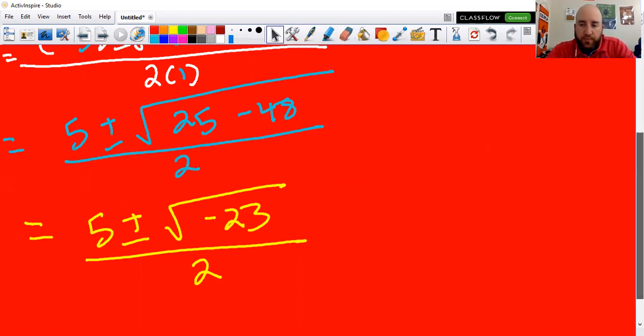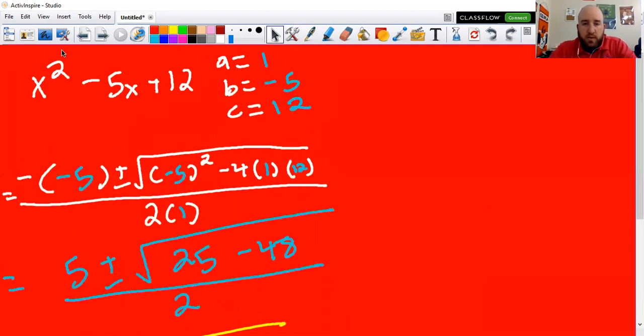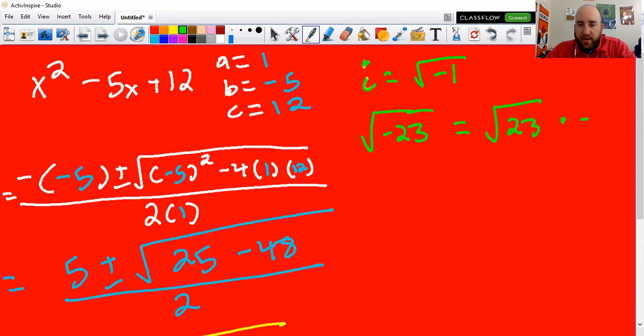We know that the imaginary number i represents the square root of negative 1. So anytime I have a negative square root, I'll deal with this with 23, okay? I want to separate out that negative square root of 1. This always is going to turn into i.